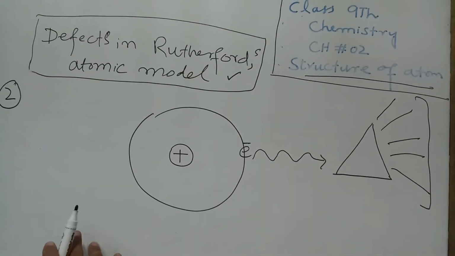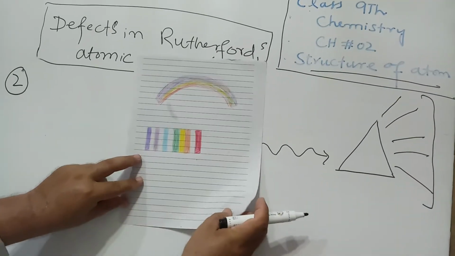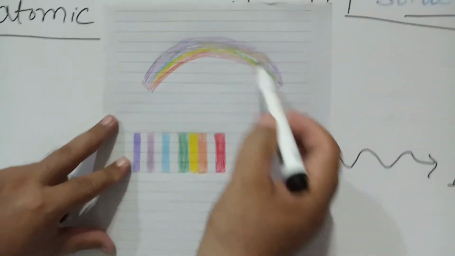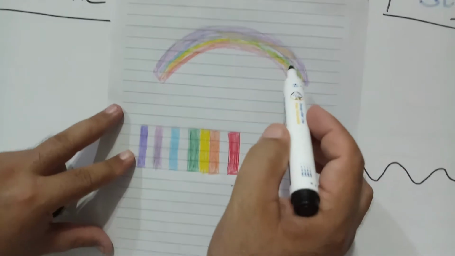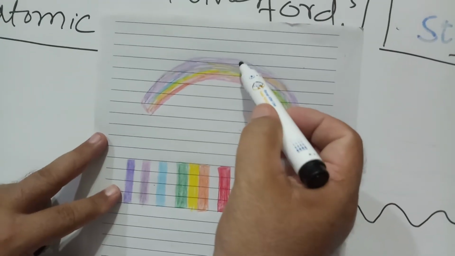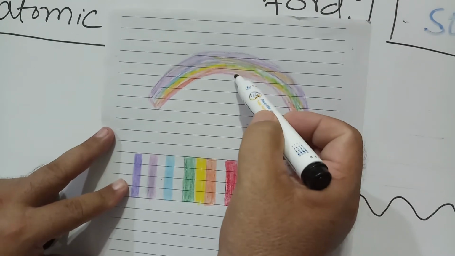Let me discuss what a continuous spectrum looks like. This arrangement is just like a rainbow. You have seen a rainbow. A rainbow has different colors: violet, indigo, blue, green, yellow, orange, red.